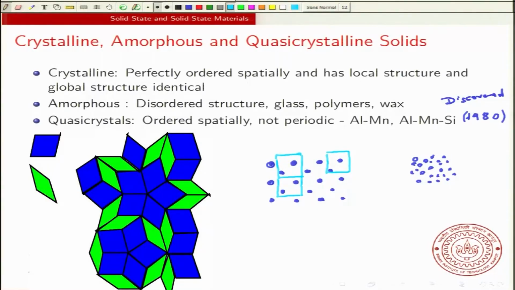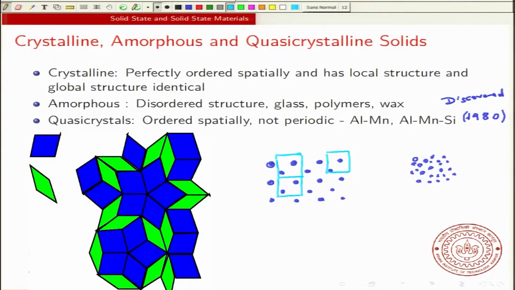You cannot translate this piece of the crystal somewhere and see the same ordering. So, this is an example of a quasi crystal, and this is a very special class of material.